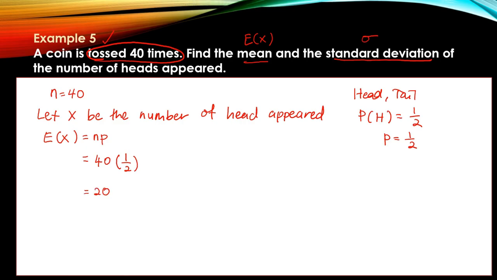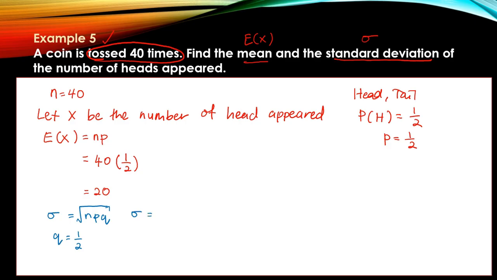Simple, right? Let's continue to the next part, which is we need to find the standard deviation. The standard deviation is the square root of npq. Here, we already know our q will be equal to 1/2 as well.